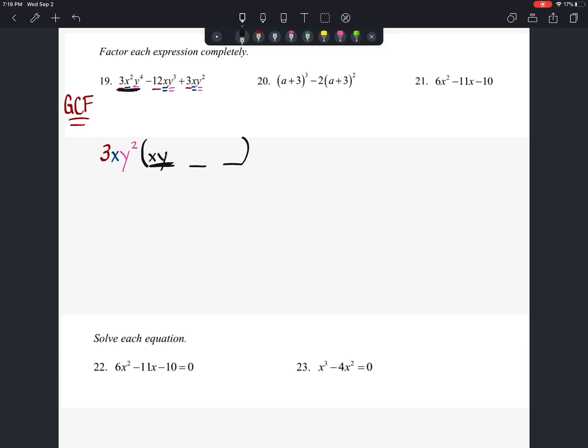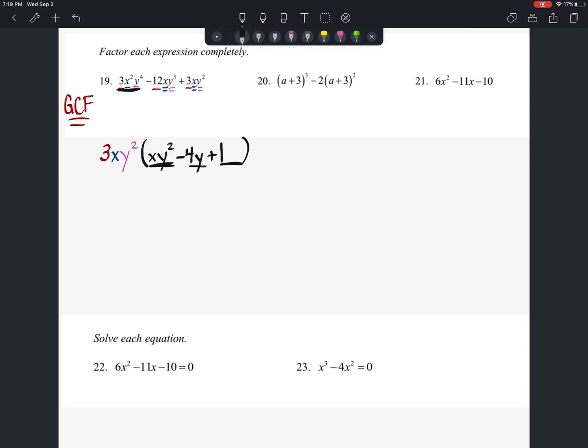That's just going to be an xy squared, minus 3 times 4 is 12, x times 1 is x, and y squared times a y gives us y to the third. And then we have a plus, and we'll do the last one. 3 times 1 is 3, x times 1 is x, and y squared times 1 is y squared. So at the very end, we have the 1, that's it.